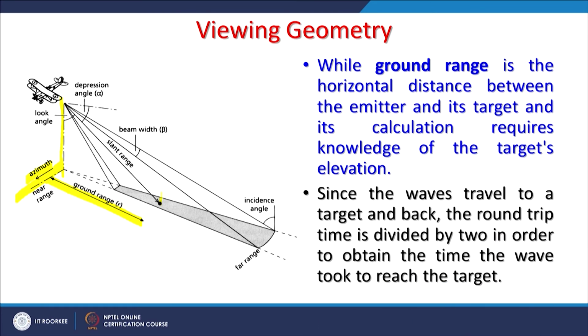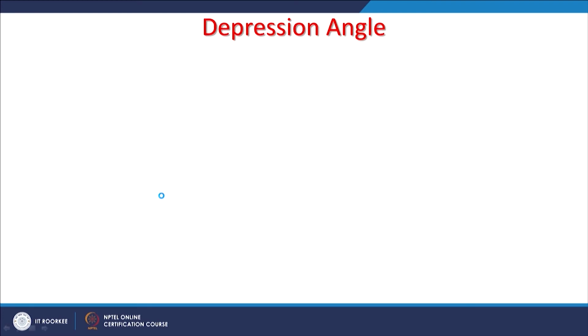So, the height of the target will allow us to find out the ground range. And since the wave travels to a target and back, the round trip time is divided by 2 in order to obtain the time the wave took to reach the target.